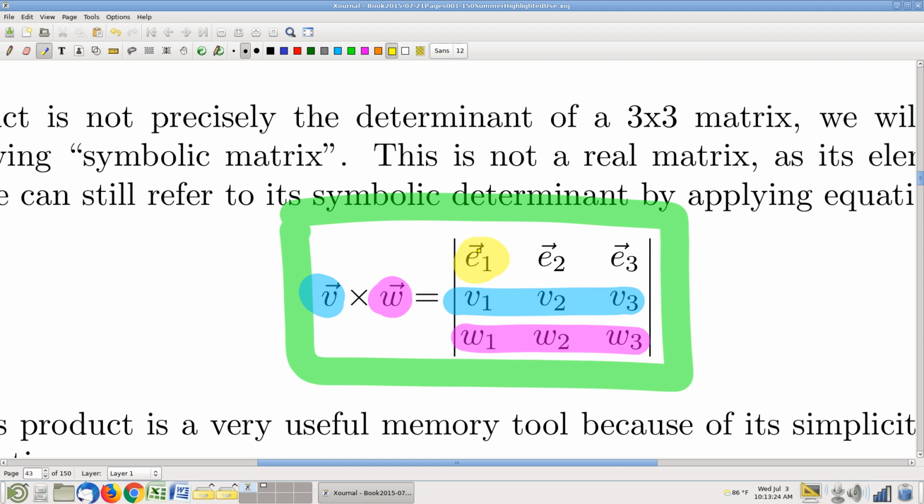On the top row, you put the standard basis vectors, and then just play the determinant game. I had to already memorize the formula for determinant anyway. This is a really simple little structure to think about, and it automatically keeps track of the signs for you and everything. So this is the formula that I encourage you to memorize.